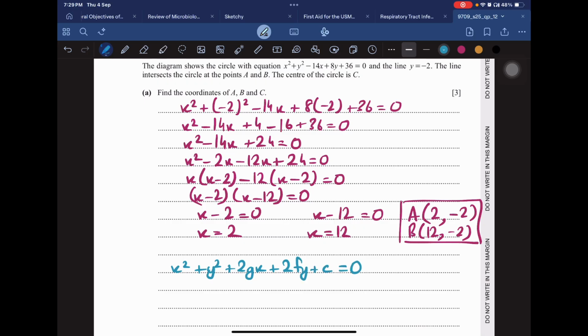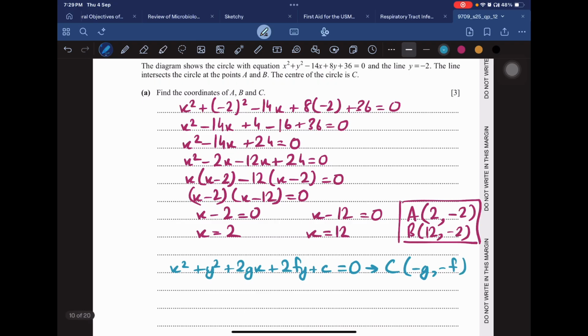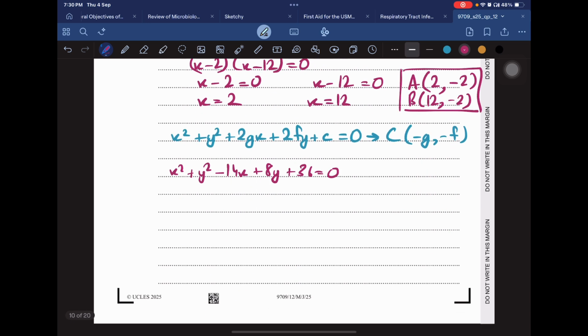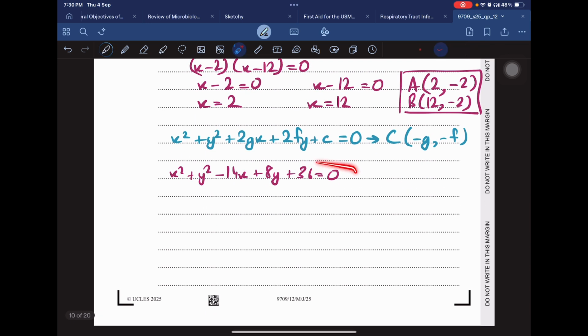In this equation, the center of the circle is negative g comma negative f. The equation that they've given to us is x squared plus y squared minus 14x plus 8y plus 36 equals to 0. What I'll try to do is convert this to this form.